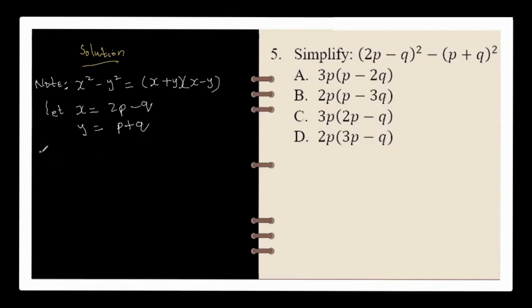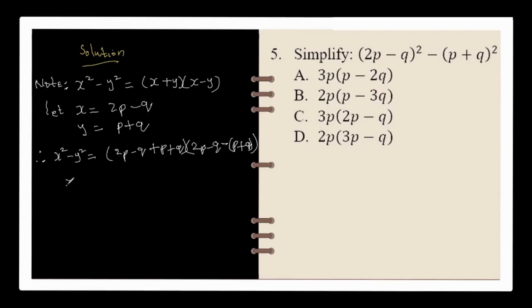So it means that when we say x squared minus y squared, it is actually going to give us 2p minus q, then plus p plus q. Then the next is 2p minus q, then minus p plus q.